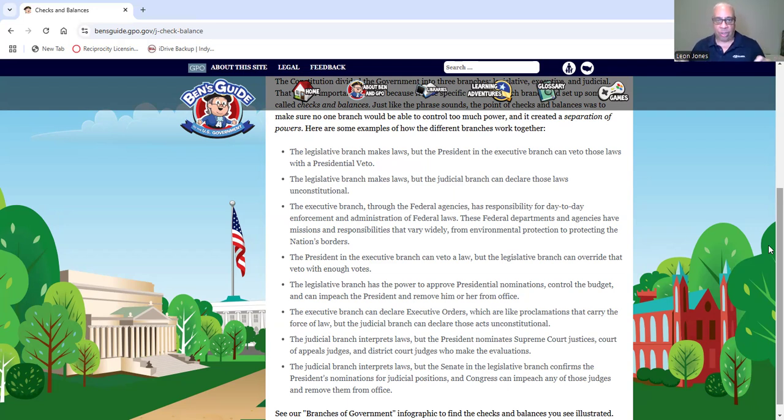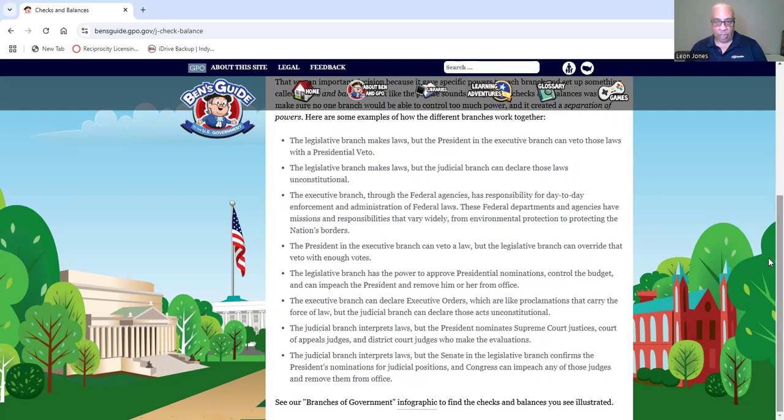Now the executive branch, through federal agencies, has the responsibility for day-to-day enforcement and administration of federal laws. These federal departments and agencies have missions and responsibilities that vary widely, from environmental protection to protecting the nation's borders. Again, the president can veto a law, but the legislative branch can override that veto with enough votes.